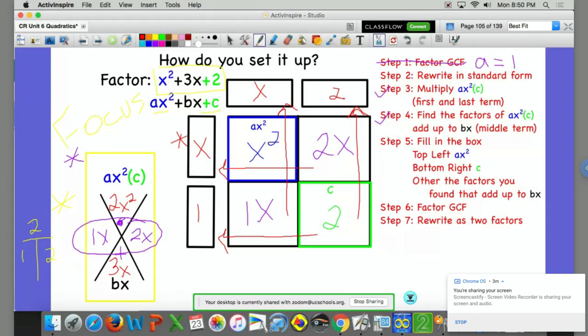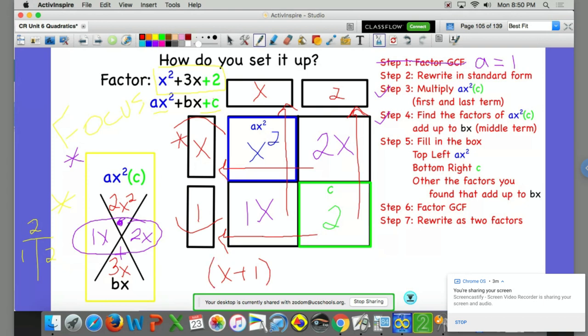You guys remember about 3 weeks ago, we took the x and the 2 and the x and the 1 on the left and the right, and then we filled in our box as we converted factored form into standard form. Now our final answer is we're going to take the left side, the x and the 1, and write it in parentheses.